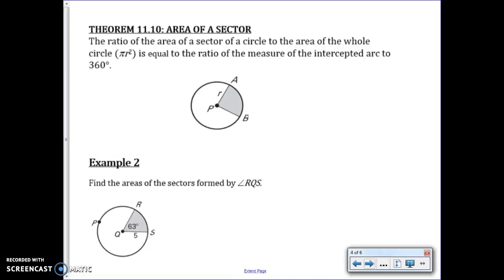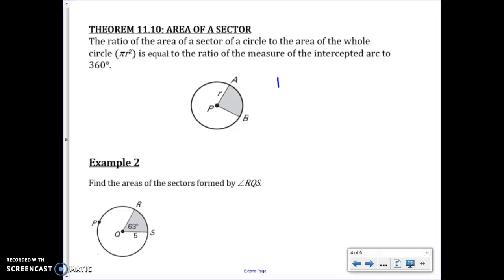Okay, so here's where we get into area of a sector. A sector is just kind of like a pie piece of the circle. We talked about the arc length of AB in our last lesson, but in this case we have the sector of the circle, so that whole shaded area. Now to set it up, it's going to look very similar to what we set up with the arc length.